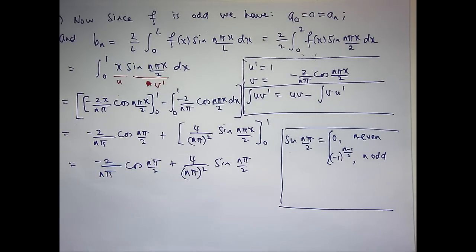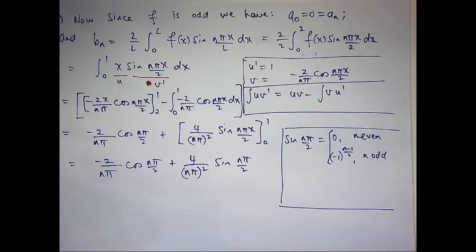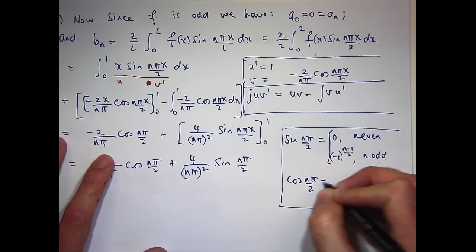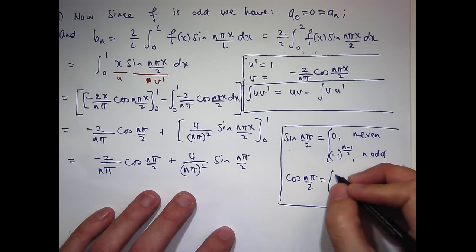What about cosine? Well, that's kind of similar. Cosine of integer multiples of pi on 2 is either 0, positive 1, or negative 1. So you can break it down into two cases, where it's 0 or where it's positive or negative 1. In fact, you can come up with the following.